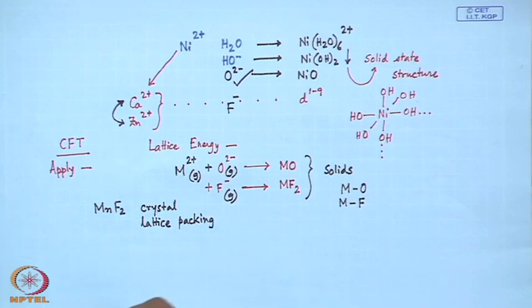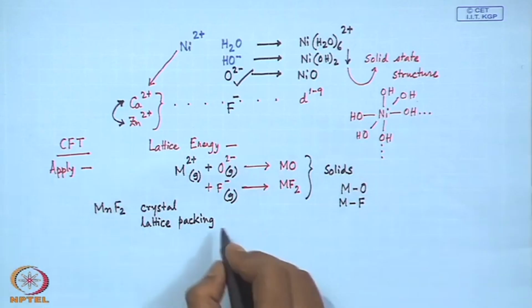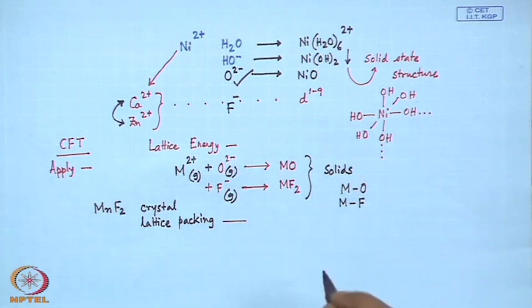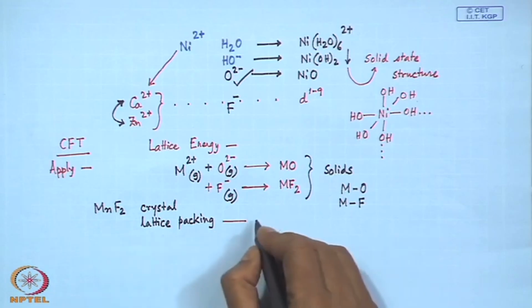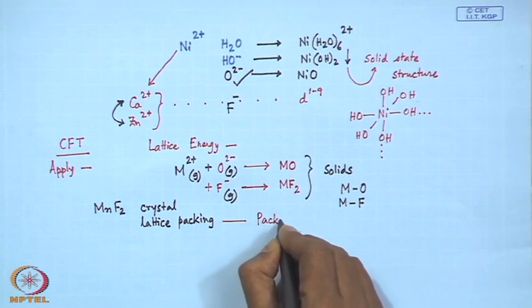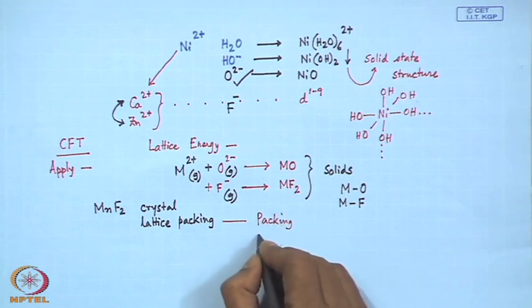While we determine the corresponding crystal structures, we see that along the different axes x, y and z, and along a, b, c, we have a typical packing, and that gives us a nice packing diagram for these structures.